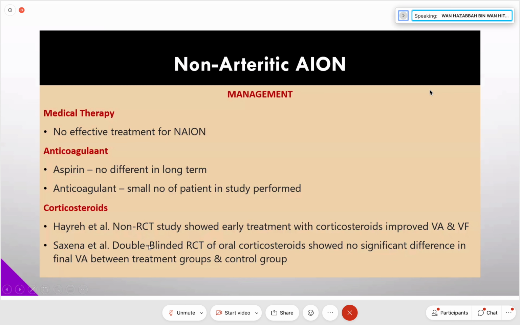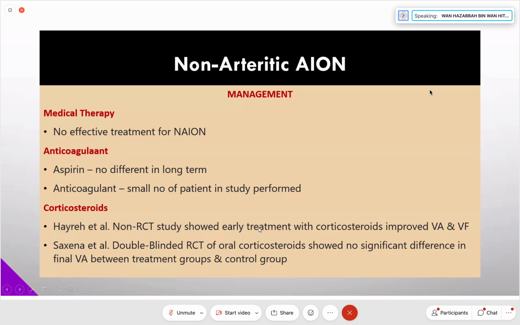You are not wrong, but so far there's one reported study previously by Hayreh, which is about the optic nerve supply. However, this one is a non-RCT study. It shows some early improvement in patients treated with corticosteroid.